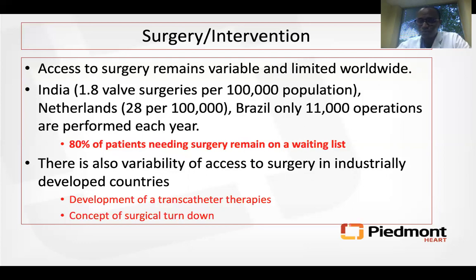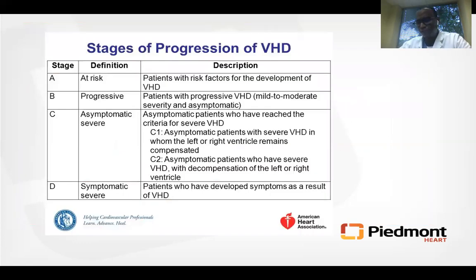However, that is mostly because of surgical turn down, which means the patient does have a valvular problem, but cannot undergo the surgery because they also have multiple comorbidities that put them at very high risk to survive the surgical procedure itself.